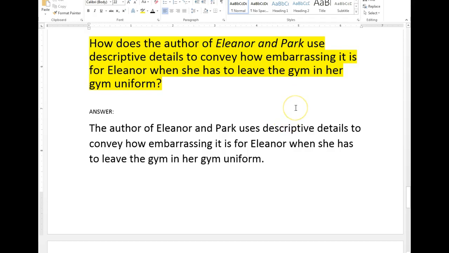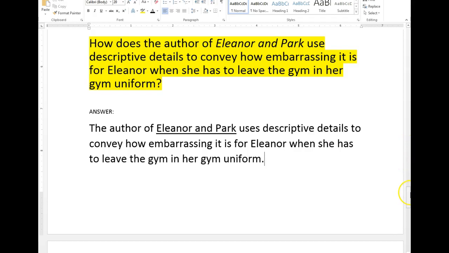It doesn't say, how does Eleanor feel when she has to leave the gym in her gym uniform? It already says she's embarrassed. Your job is to figure out how the author of Eleanor and Park, we underline titles, by the way, when we're handwriting, uses descriptive details to convey how embarrassing it is for Eleanor when she has to leave the gym in her gym uniform.